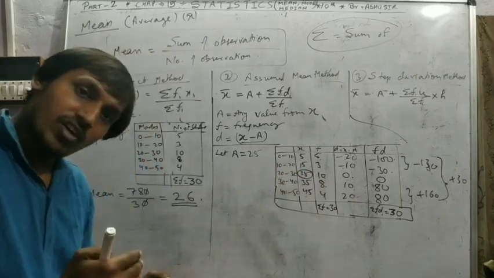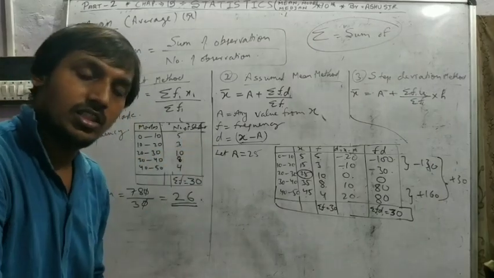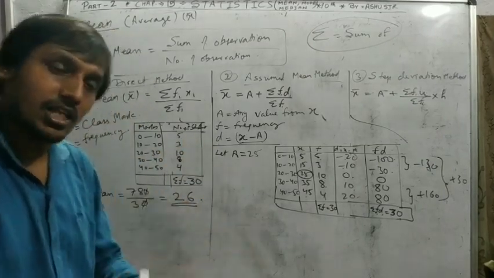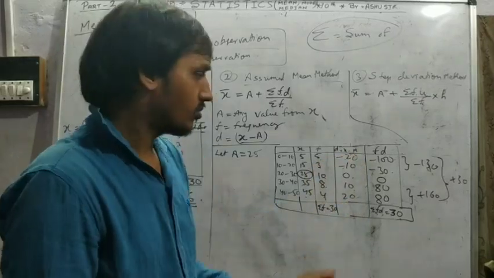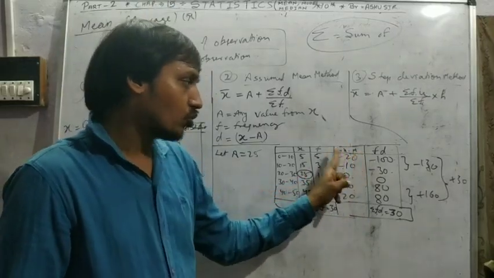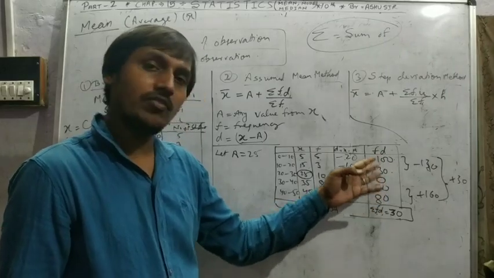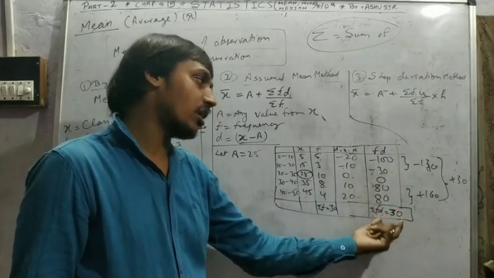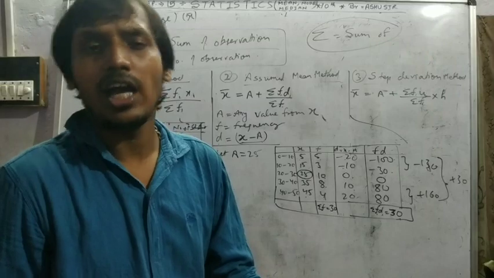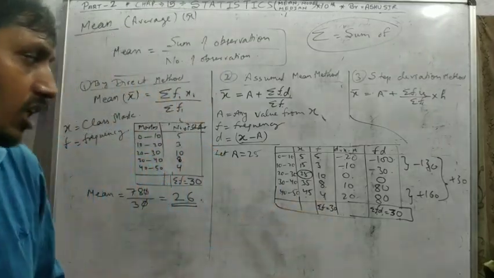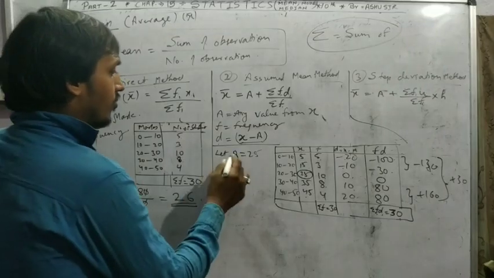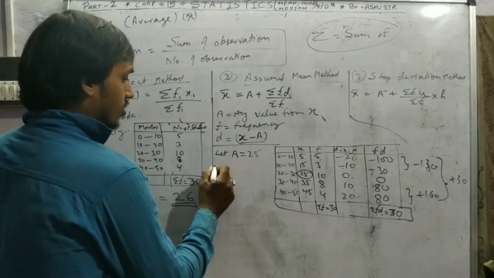Always x first, then minus a. Some positive, some negative, is okay. Then find F into D, simplify all the things, and we get plus 30. Either negative or positive, it doesn't matter. Then sigma F is 30. Then find the value of the mean.